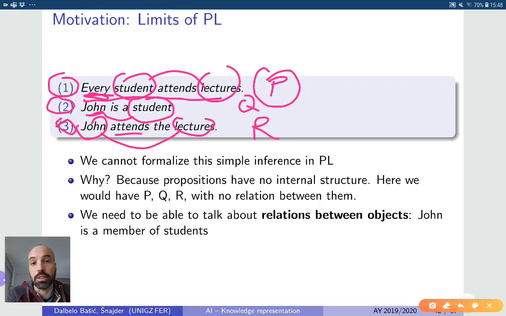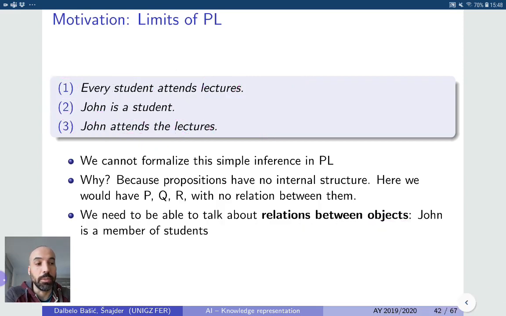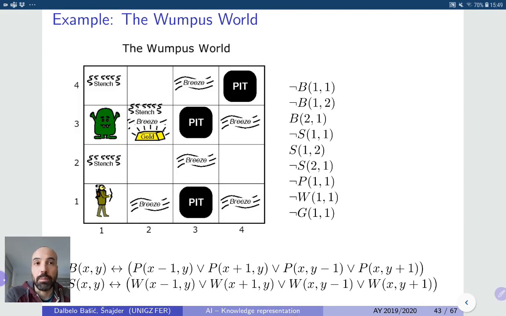Propositional logic only deals with facts that are either true or false. And I need relations and I need objects. And that's the main motivation now for going to a more expressive system of first order logic. Another example, the Wumpus world, which we talked about at the very beginning.